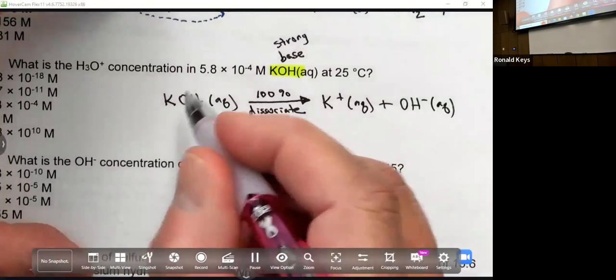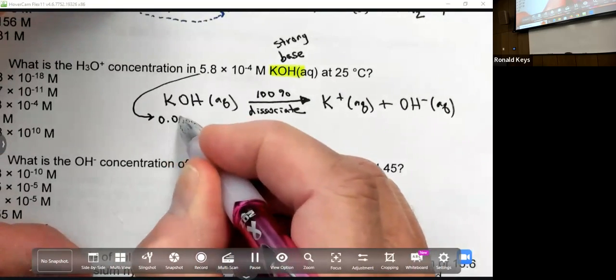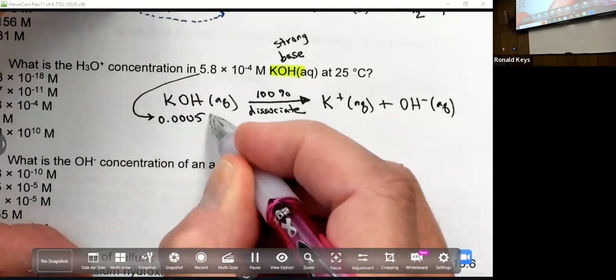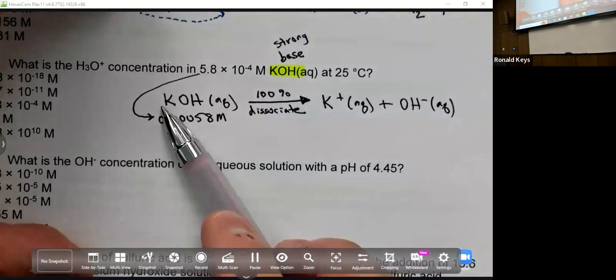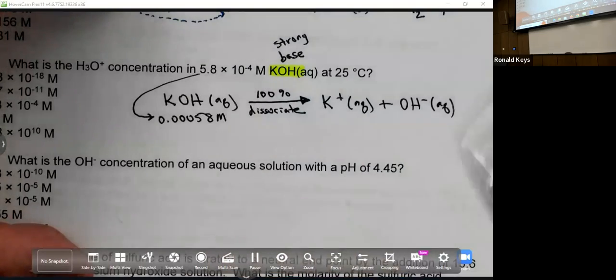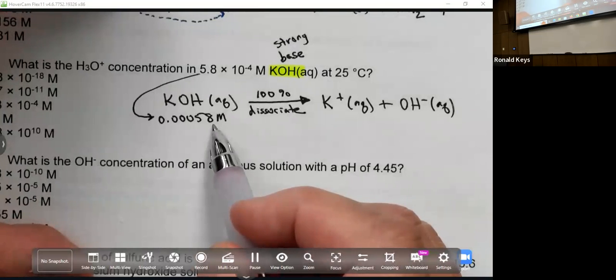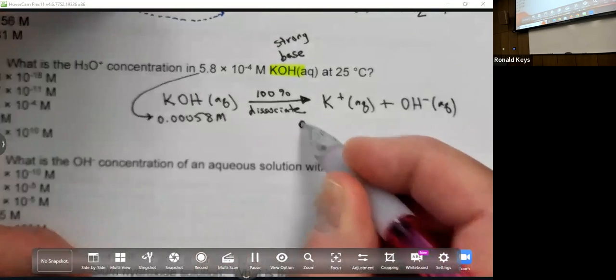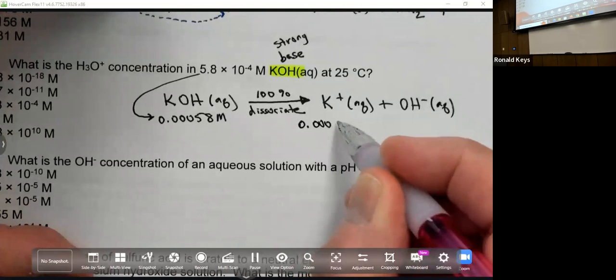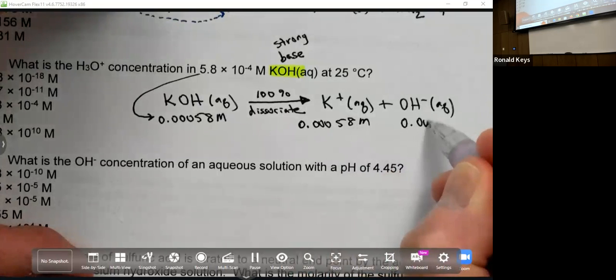This is going to be labeled 0.00058 molarity. But there is no K hooked up with the OH again. Everything's split up here. Molarity is just a number. This is moles per liter. It's going to be the same number here, and the same number here.